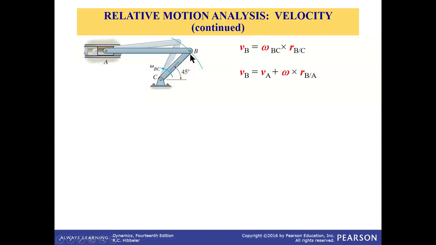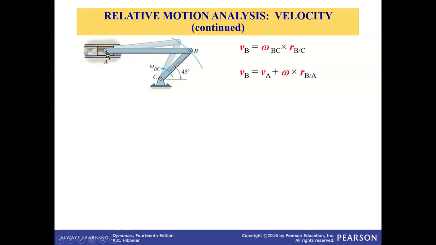Now the second way to calculate the velocity of B is through velocity of A. So at that time, don't consider link BC, but consider that point B is on link AB, and link A itself has a sliding motion. So A slides and B relative to A has rotational motion.